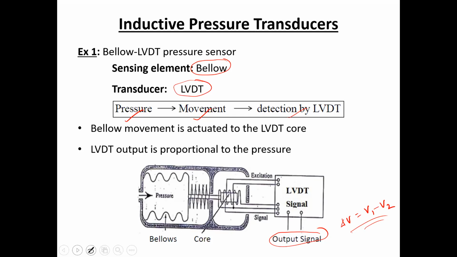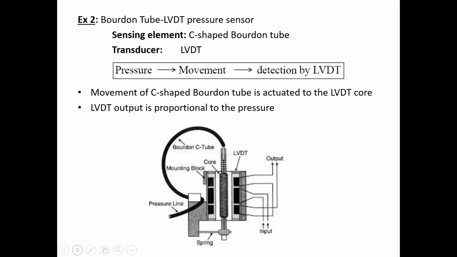And another example could be by using the C-shaped Bourdon tube as the primary sensing element and LVDT as the electrical transducer. So here, instead of the bellows, the Bourdon tube is actually coupled with the iron core of the LVDT.